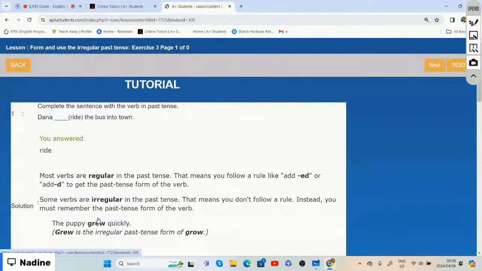So we're going on to the next lesson, right? Which is to also form and use irregular past tense. But this is now a continuation. This is now exercise 3. And then we're also going to finish it off with exercise 4, right? So far, well done, everybody.